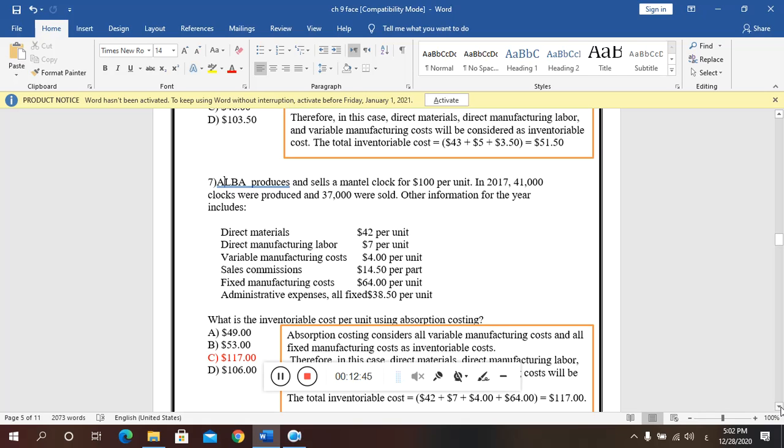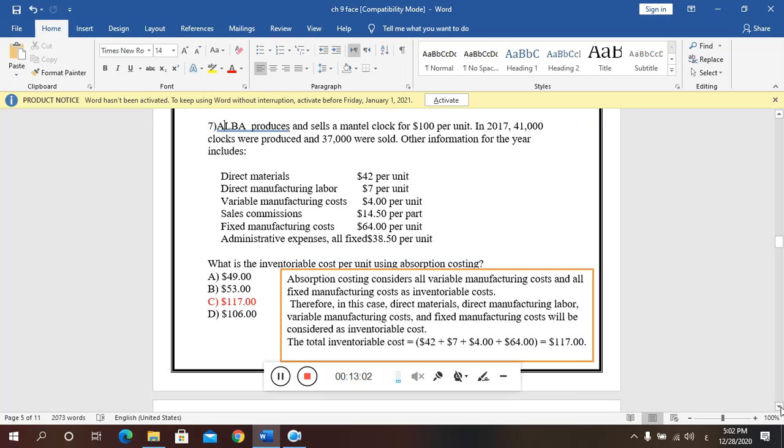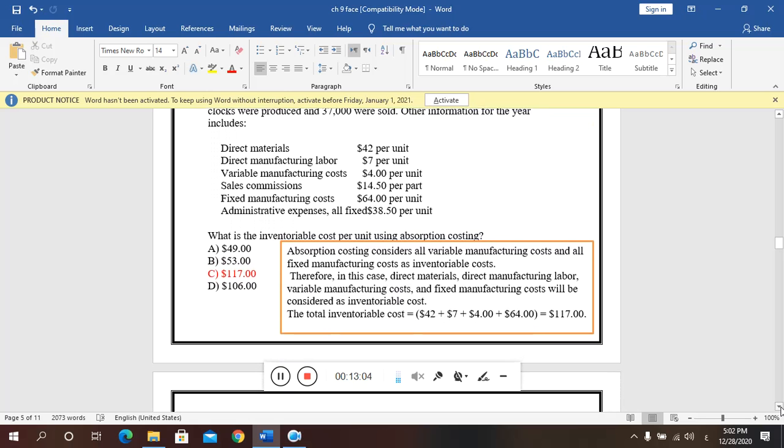Under this condition, we will calculate the inventoriable cost per unit using the absorption costing method. Under absorption costing, all variable manufacturing costs and all fixed manufacturing costs are inventoriable.